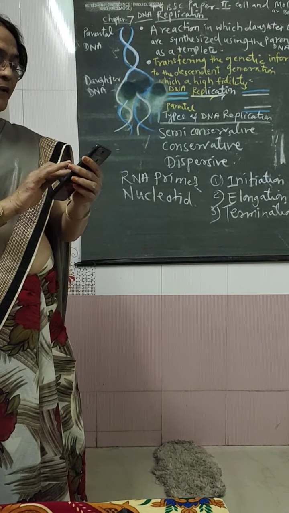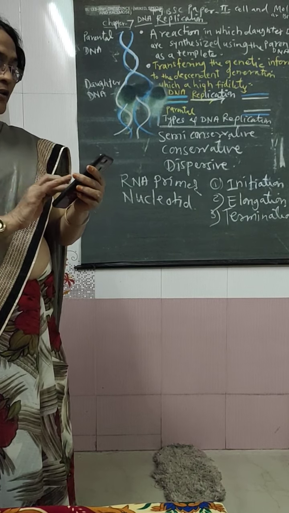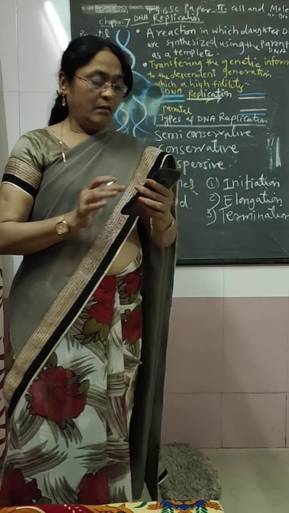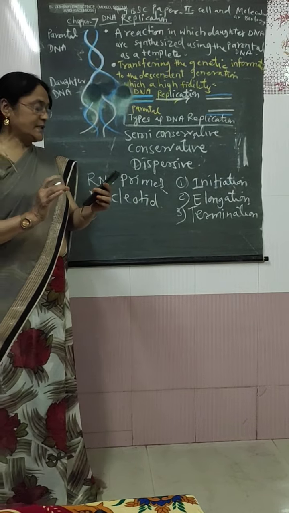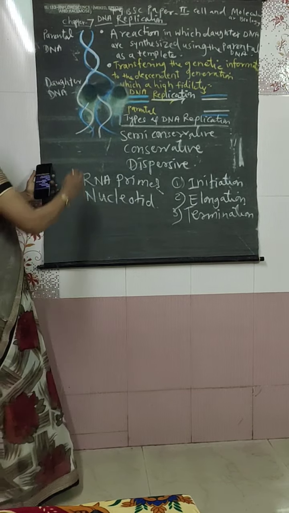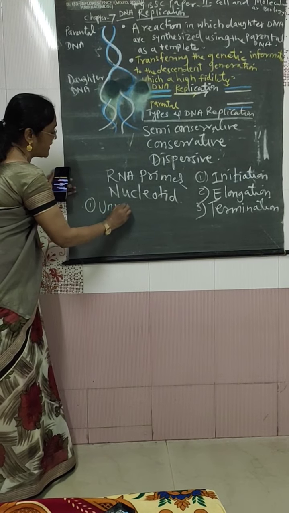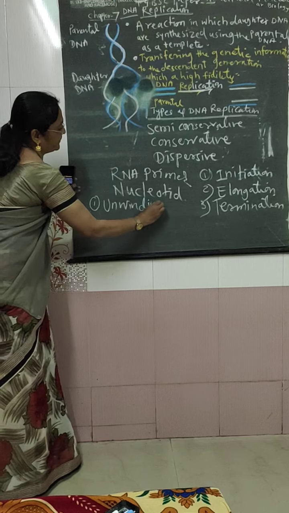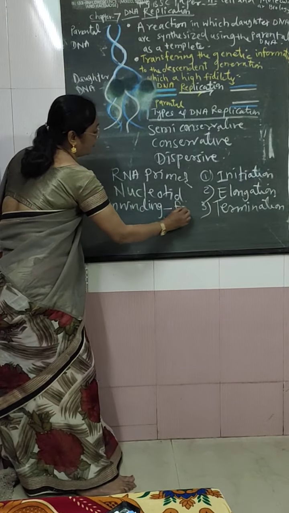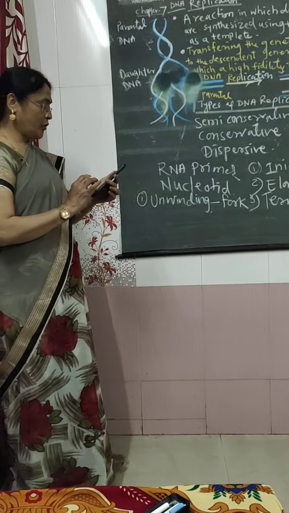For this replication process, the first step is called unwinding of DNA. If these strands are unwound, there is formation of the fork.